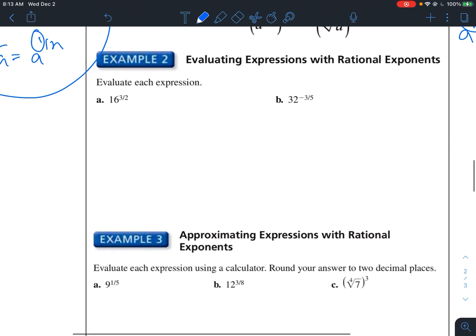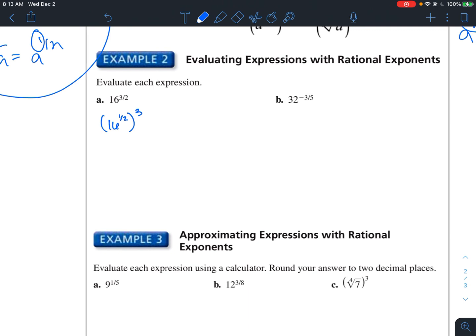So going through some examples here. It says to evaluate each expression. We can evaluate by first simplifying. So 16 to the 3 over 2 is the same thing as 16 to the 1/2 cubed. We're just separating the fraction out.